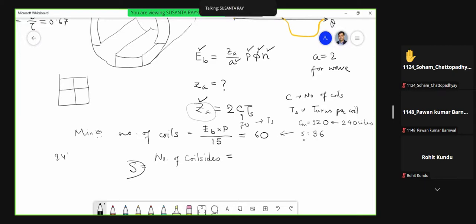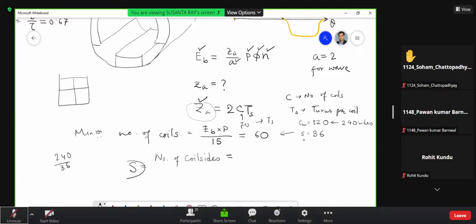If you divide 240 by 36, how much are you getting? 6.6667, around 6.6. So if you take the number of coil sides as 6, and your S is 36.